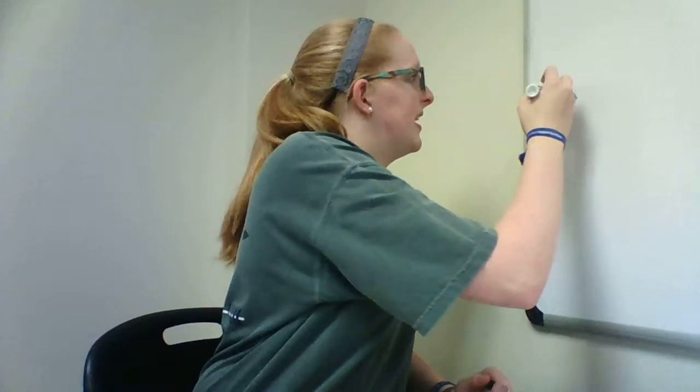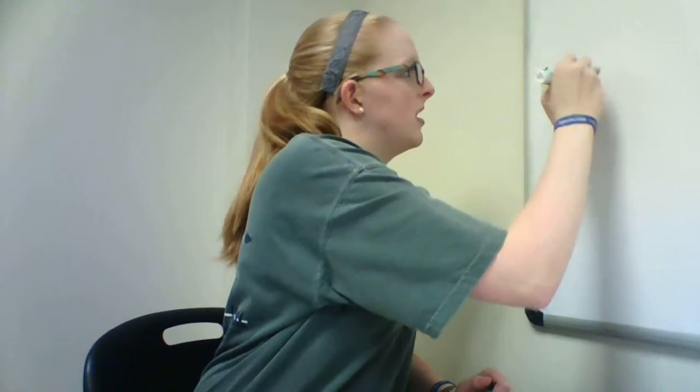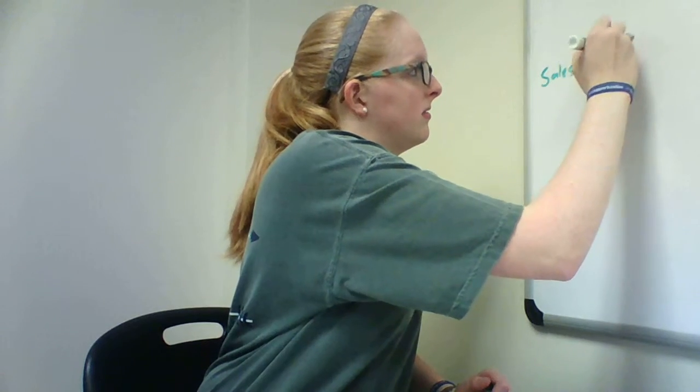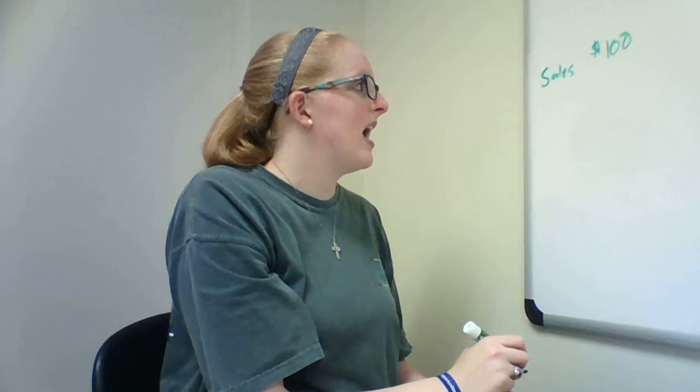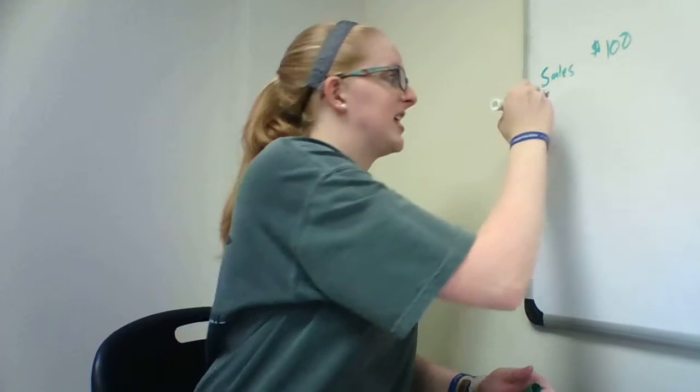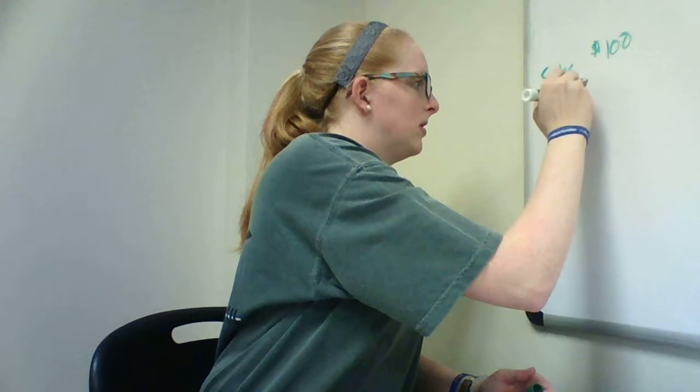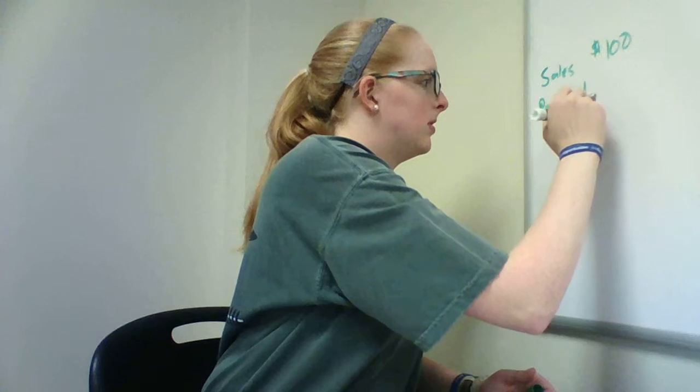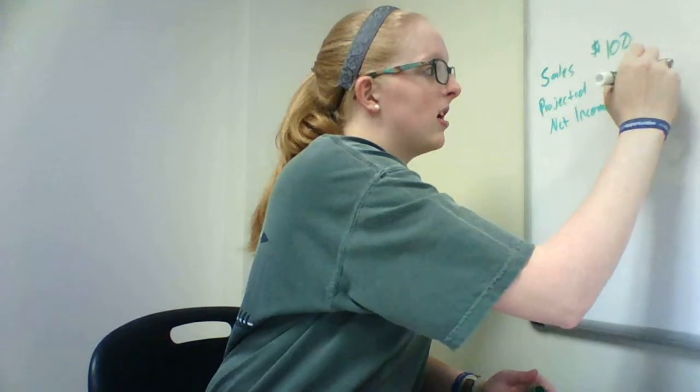So margin of safety, the first idea that we're going to talk about, is a cushion that companies install so that when they break even, they actually don't have zero net income, okay? So margin of safety, let's say we had sales of $100, and we have an estimated or projected net income of $50.